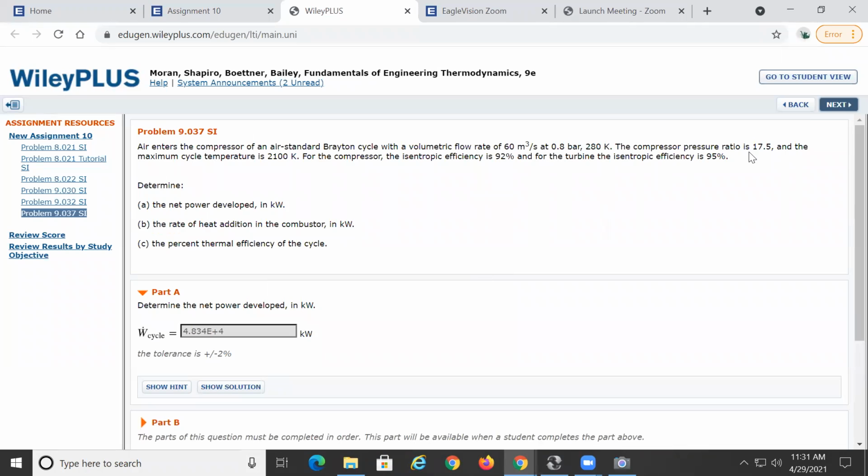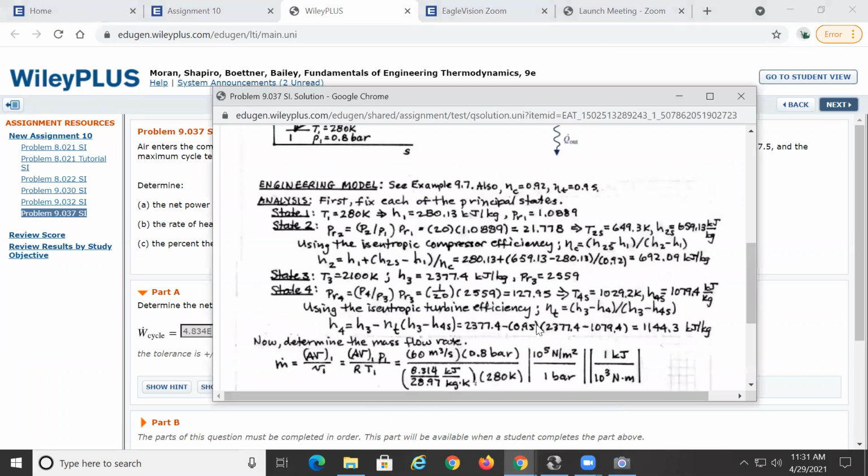So you see here the compression ratio is 17.5. Okay, so this is the highest temperature. Do you have the value we had last time for the highest temperature? Did somebody write it down? It's probably the one on the solution. So let's see.